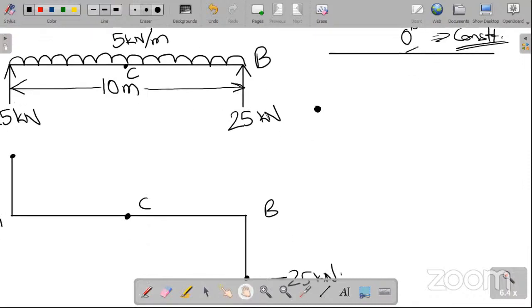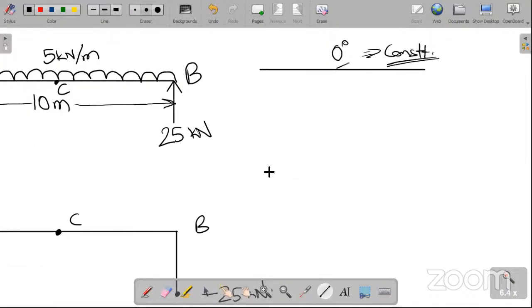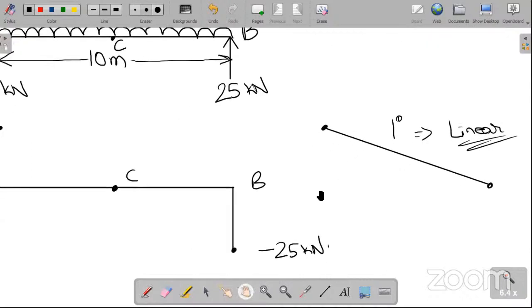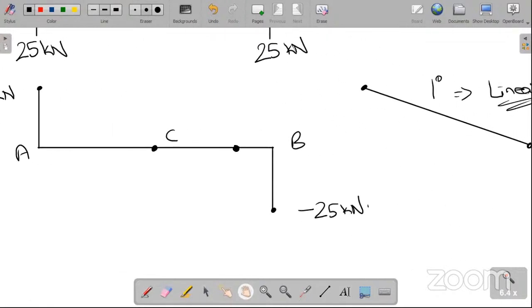Now, if you are looking at the shear force diagram, it would be a straight line like this, just connecting 2 points. A straight line connecting 2 points means it's 1 degree higher, which is linear. So this also I'll be explaining later on in some course why it is 0 degree, why it is 1 degree. But right now we just have to assume that it is 1 degree.